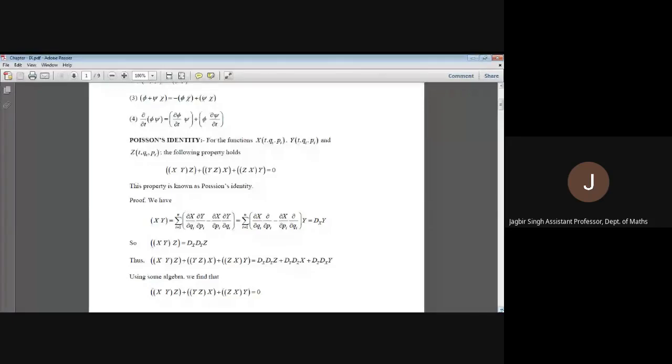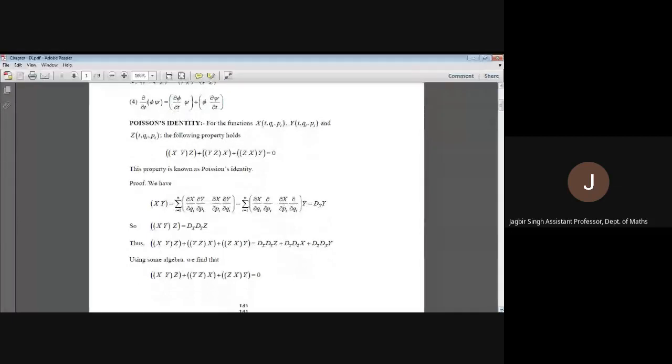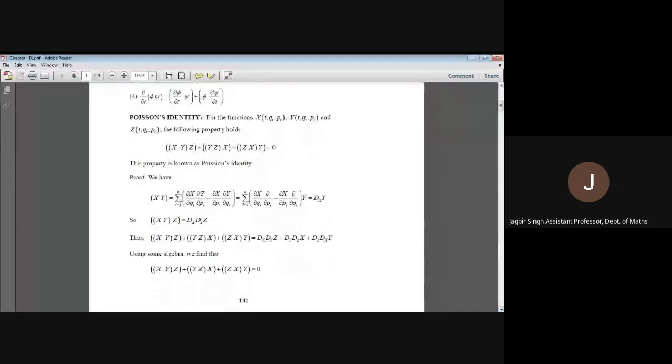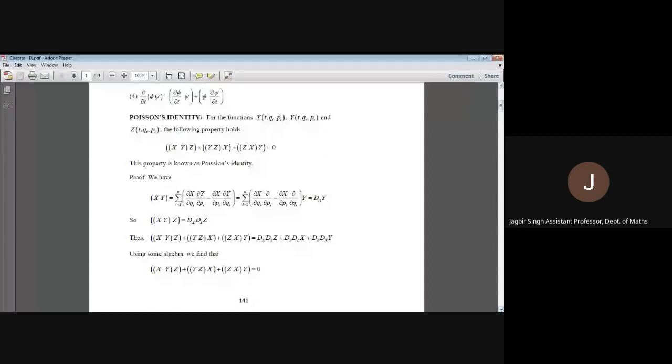For the proof, basically it's really very simple, because we just have to find the Poisson bracket of x, y. So it will be summation i from 1 to n of ∂x/∂qi ∂y/∂pi minus ∂x/∂pi ∂y/∂qi. Taking y comma, it will be summation i from 1 to n of ∂/∂qi ∂/∂pi minus ∂x/∂pi ∂/∂qi of y, represented like D_xy. So for [x, y, z], it will be D_x D_yz.